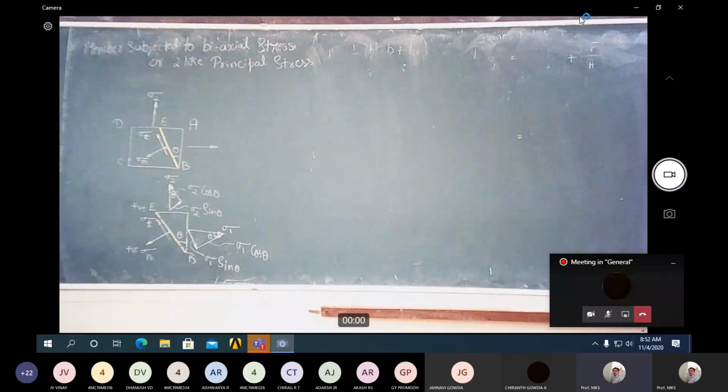Okay, so now the method is similar, only we have one additional stress that is acting, and we have resolved that component in that particular direction. So whatever the stress, you should resolve with respect to the inclined plane into tangential and normal stresses.